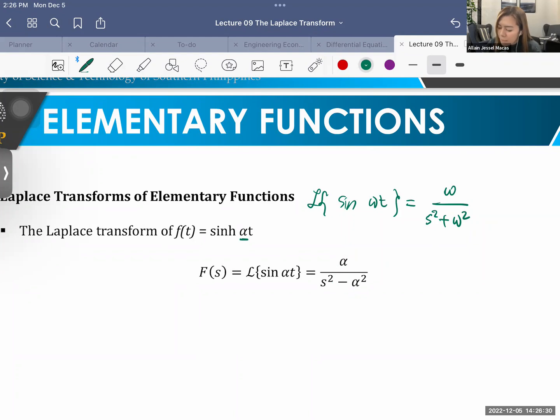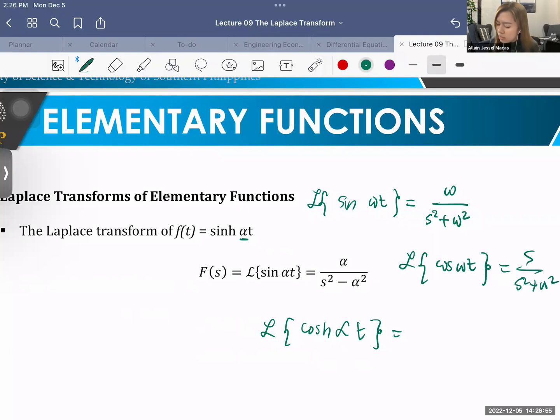Okay? So, can you guess, class, unsa ang Laplace of hyperbolic cosine? Take a guess daw, based sa inyong nakita. Our Laplace of cosine omega t class is s over s squared plus omega squared. Sige, what is now the Laplace transform of hyperbolic cosine alpha t? Any guess? Alpha over s squared minus alpha squared, ma'am.